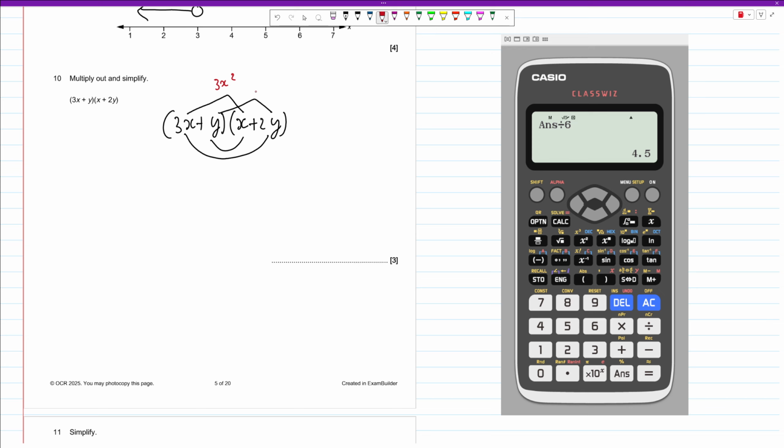Y multiplied by 2y is 2y squared. Y multiplied by x is xy, and 3x multiplied by 2y is 6xy. And now I add together all of these different parts. xy, add 6xy, add 2y squared. So altogether we get 3x squared, 7xy, add 2y squared.